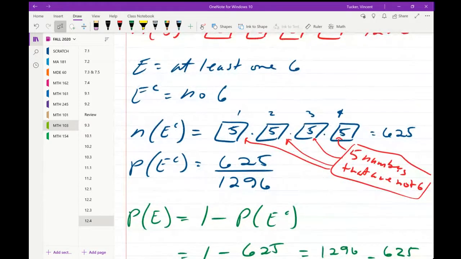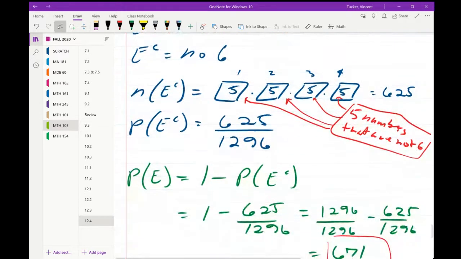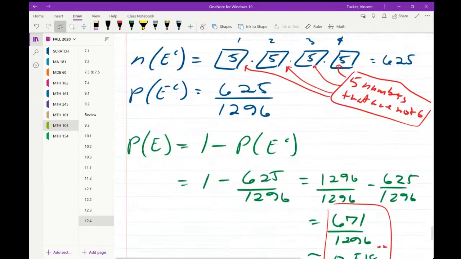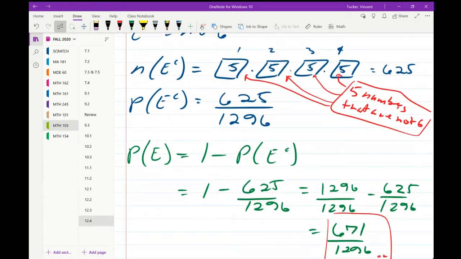And now we can subtract that 625 over 1296 from 1. So 1 minus 625 over 1296. Remember I mentioned before that 1 would turn into the denominator over itself.